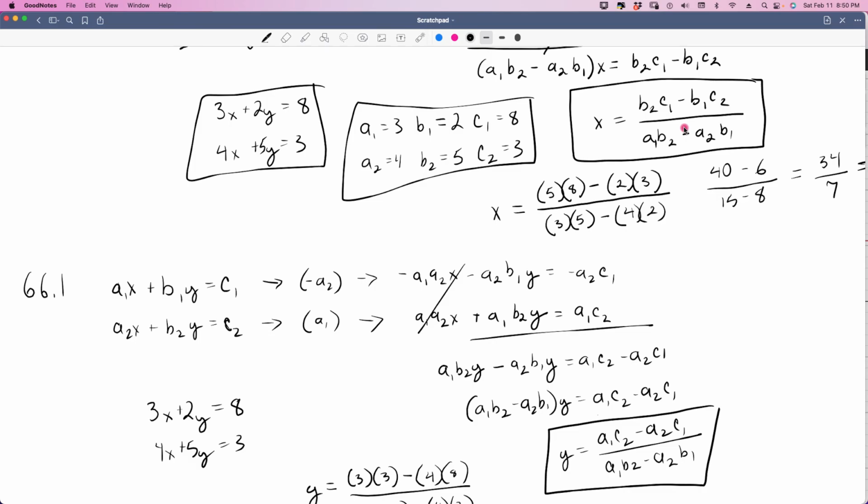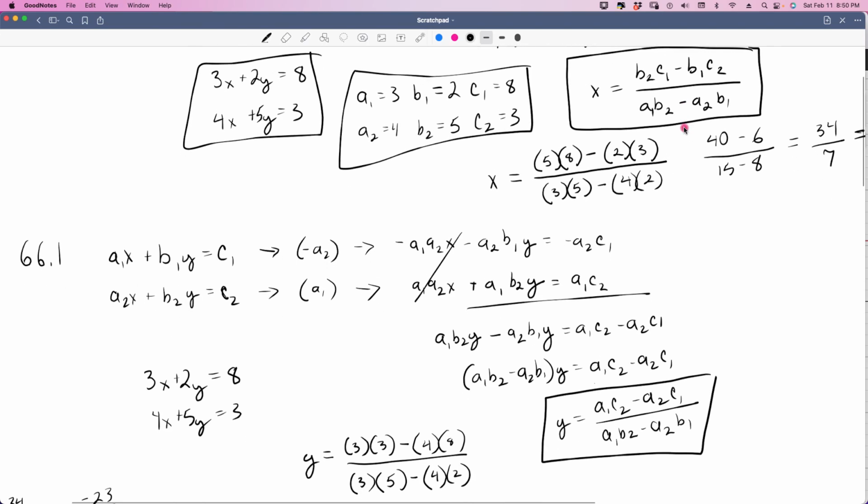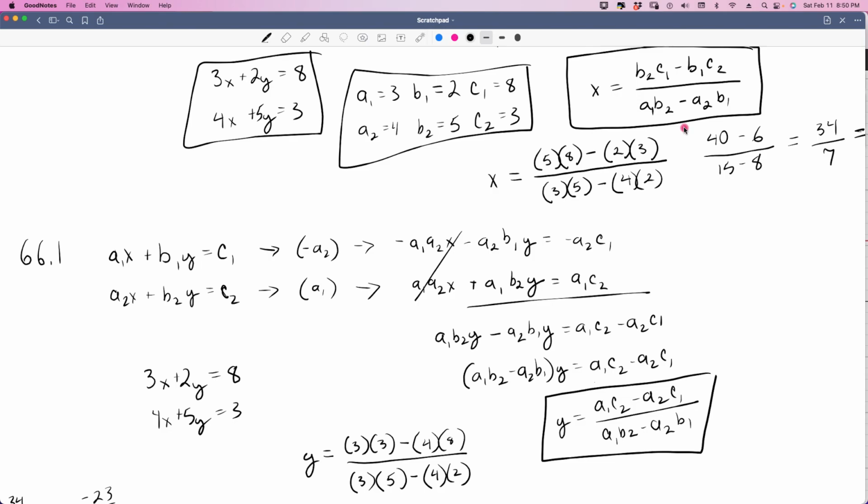If they're not in the first degree, then you're going to have to do something else. But as long as they're in the first degree, some term x plus y equals some value, and you have two of them, then you know that you can use these two formulas to just drop your numbers in, and Bob's your uncle.